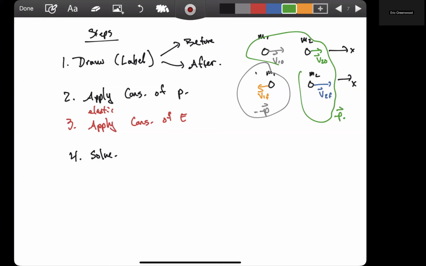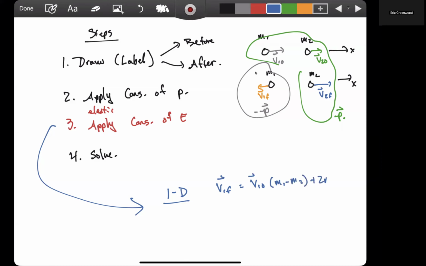Now, as I mentioned in class, these are pretty much always going to come with energy conservation, but let's get to that in just a second. For an elastic one, what we found in class was that for a one-dimensional elastic collision, the final velocity of the first one is equal to the initial velocity of the first one times the mass of the first minus the mass of the second, plus twice the mass of the second times the initial velocity of the second, all divided by the sum of the 2 masses.